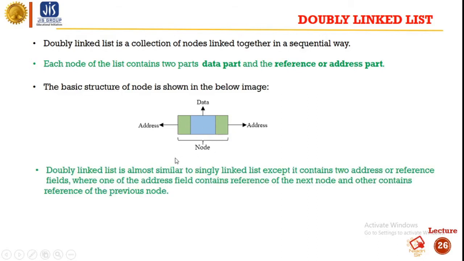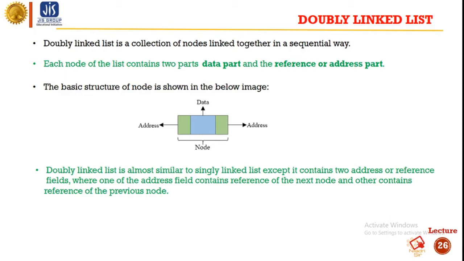So a doubly linked list is almost similar to a single linked list, except it contains two address or reference fields. The only difference is that it has two address parts. In the single linked list, it only holds the address of the next node.